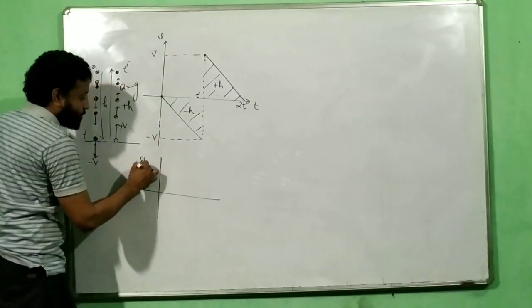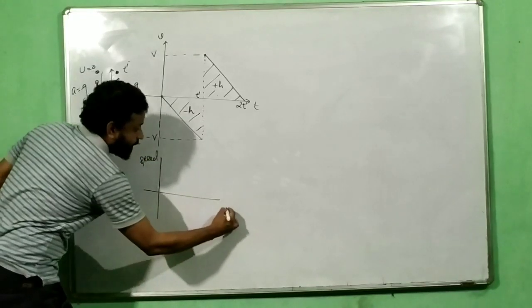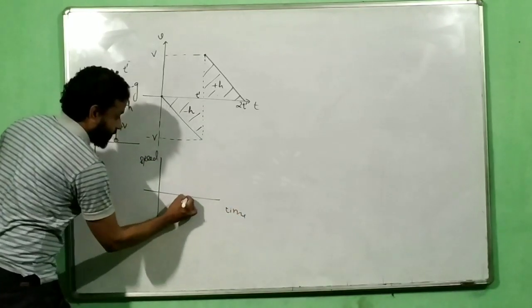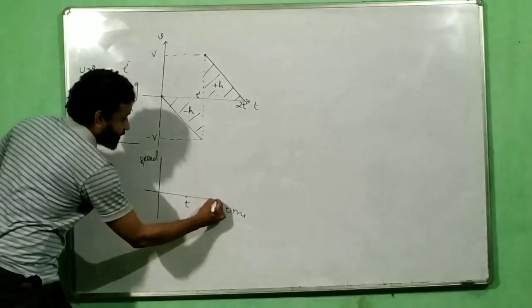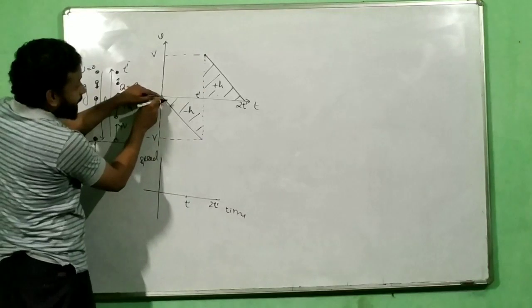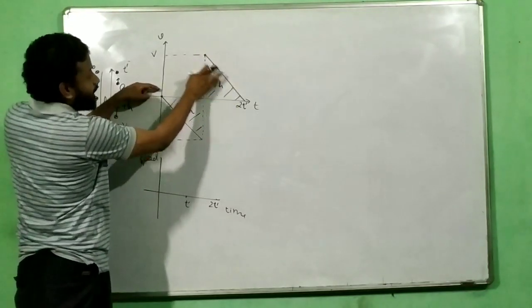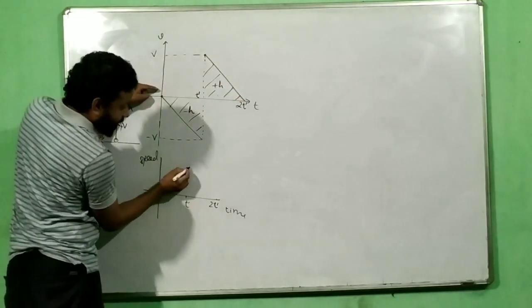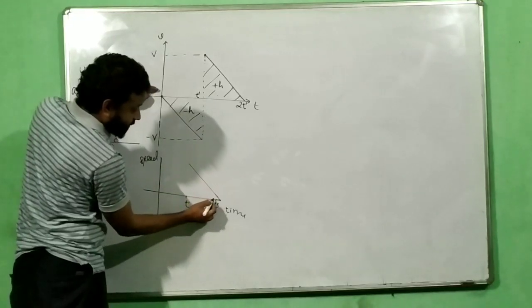Now how does the speed time graph look like? Let me give you that glimpse also. If it is a speed time graph, this is my t dash, this is my 2t dash. Now over here, mirror image of this.